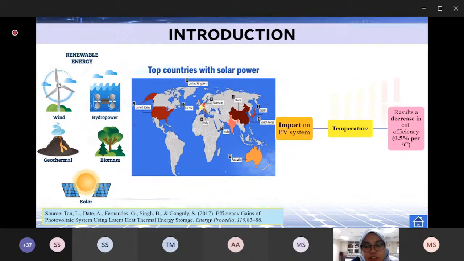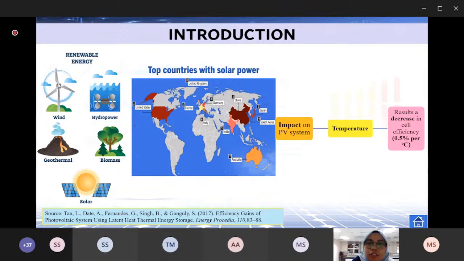My focus is on making a temperature sensor using an optical fiber sensor. If we want to use solar power to generate energy, we must have a photovoltaic panel as a medium to catch the energy in order to produce electricity.